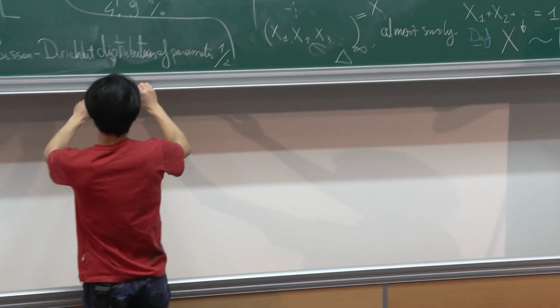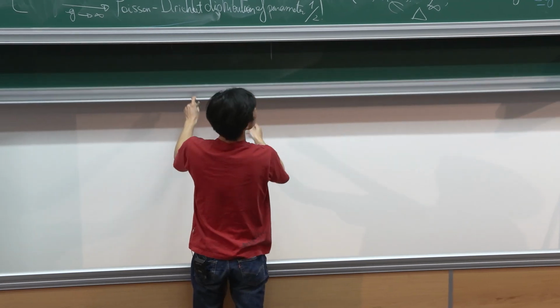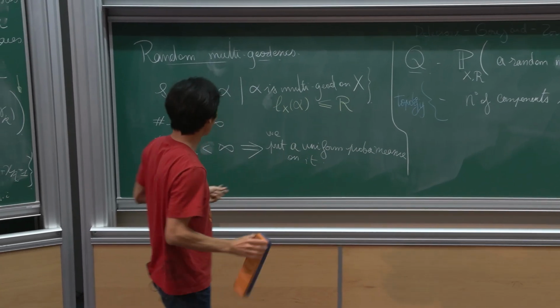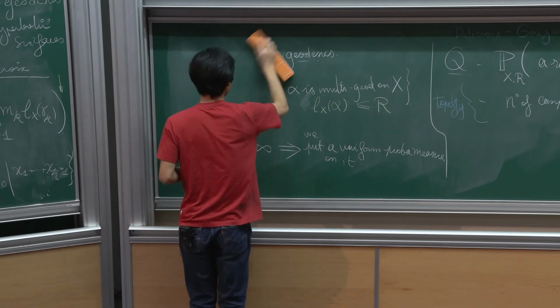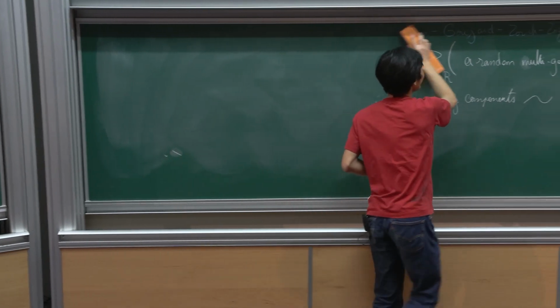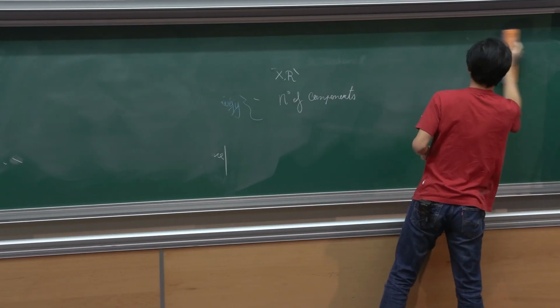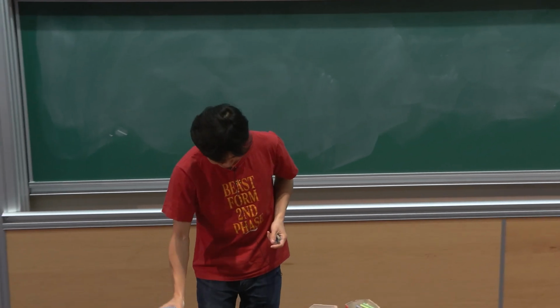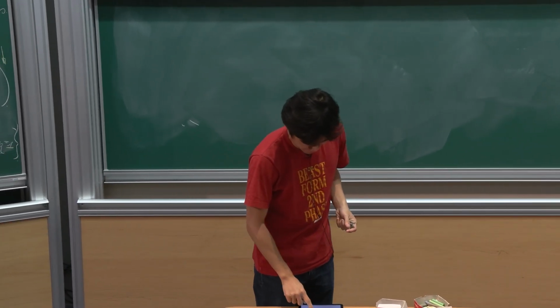Okay, this is the definition of the Poisson-Dirichlet distribution. And now I'll give you some examples, and you will see why it's really a funny distribution.